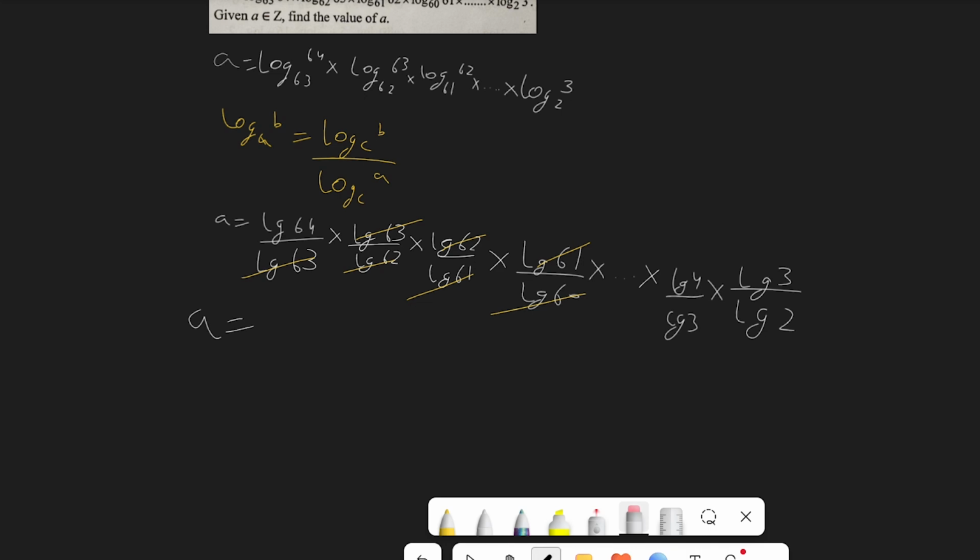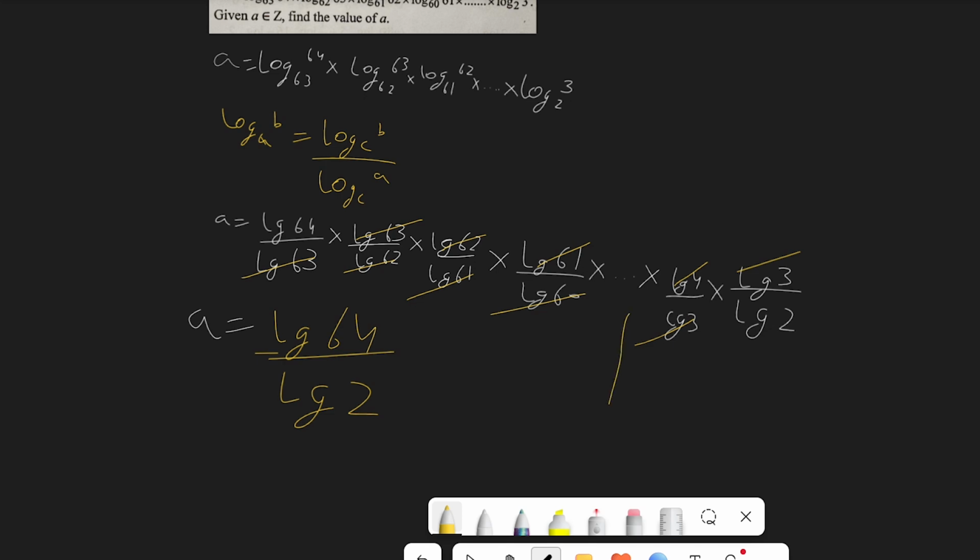The last terms LG3 and LG4 would also be cut, because the previous term would have LG4 in the denominator, as we just saw. So we will cut both LG4s.